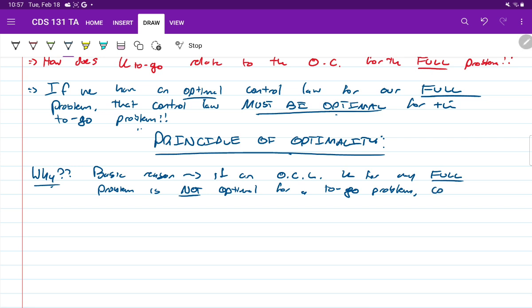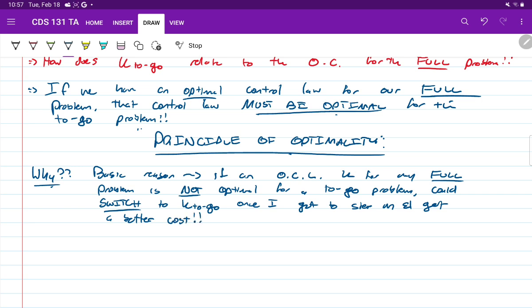Okay, I could switch to K to go once I get to step M and get a better cost. Okay.